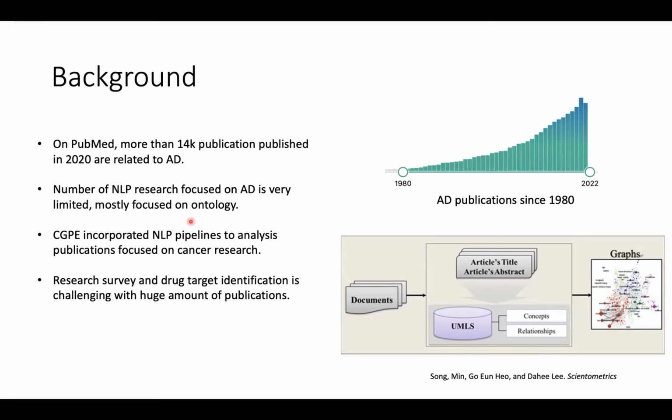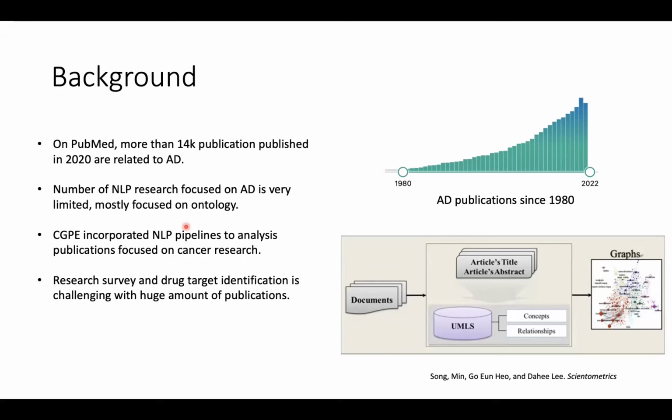natural language processing research has been focused on AD, but mostly on the ontology part, like entity identification and graph analysis. One project we did before is called CGP, Cancer Gene and Pathway Explorer.